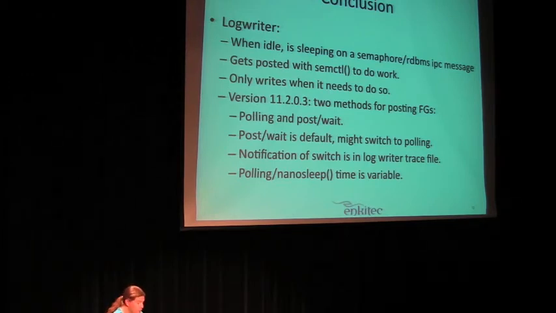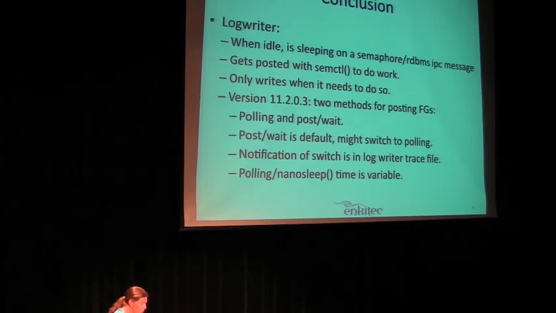And starting from version 11.2.0.3, there are two methods for posting the foregrounds from the log writer, which is polling and post wait. Post wait is the default, and it can switch to polling during runtime. If it does, it will tell you in the log writer trace file. So if you see suspicious things, look in that file.